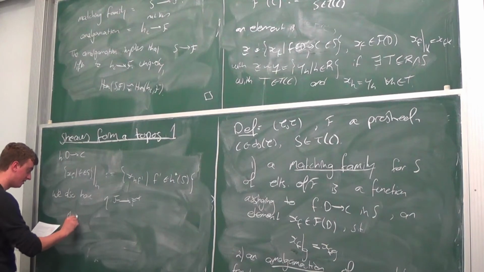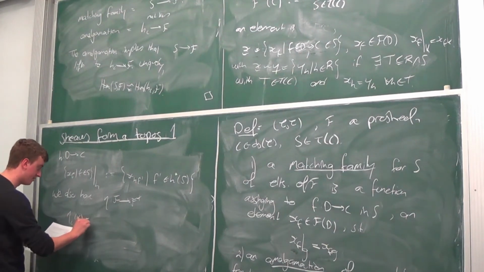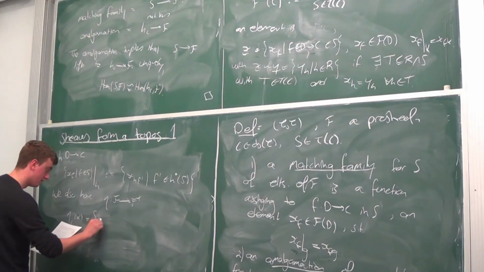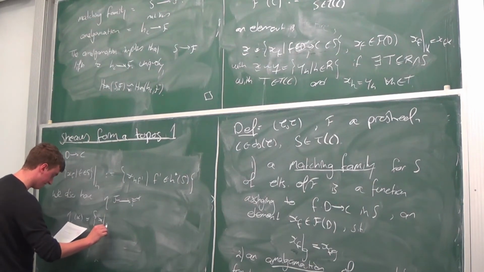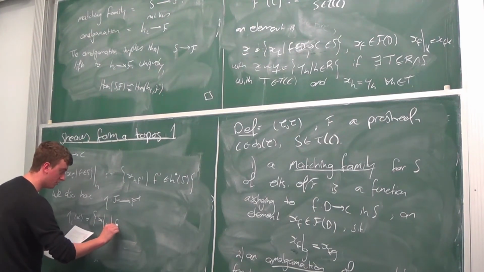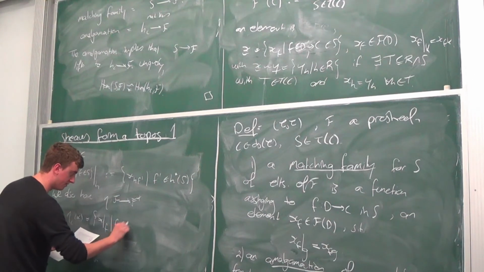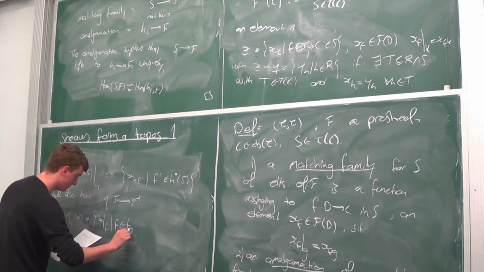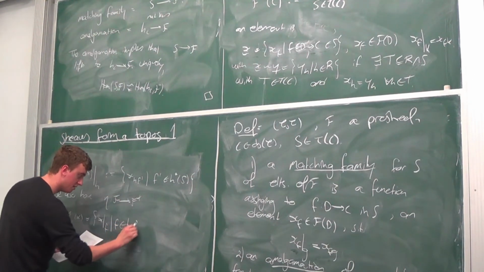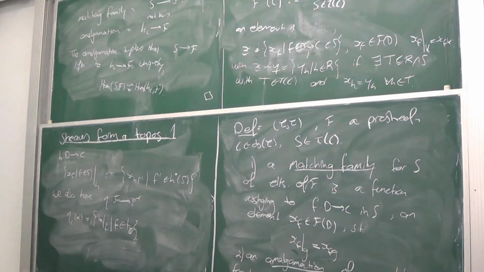Well, eta_C of some section is just going to be sent to all of the restrictions of that section along functions in the maximal sieve. And it's pretty easy to check that this lands in F plus.